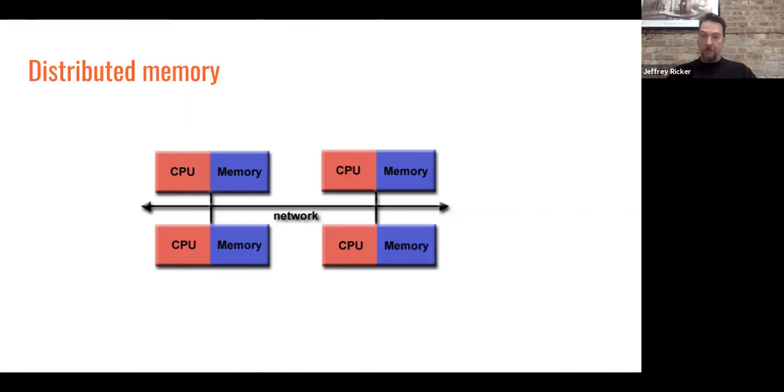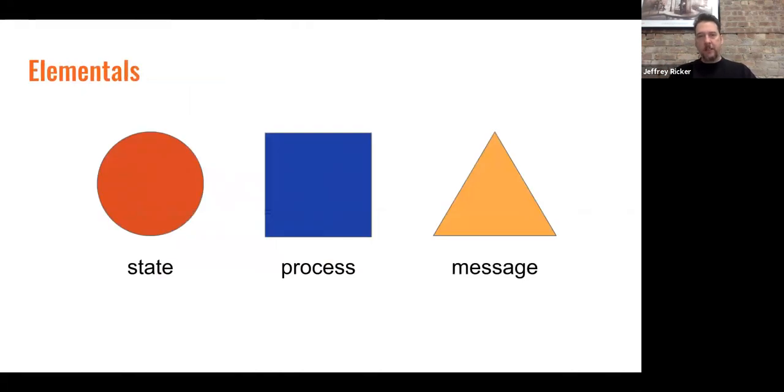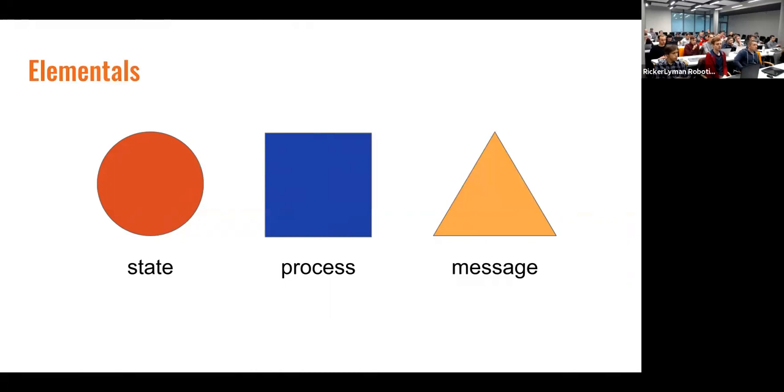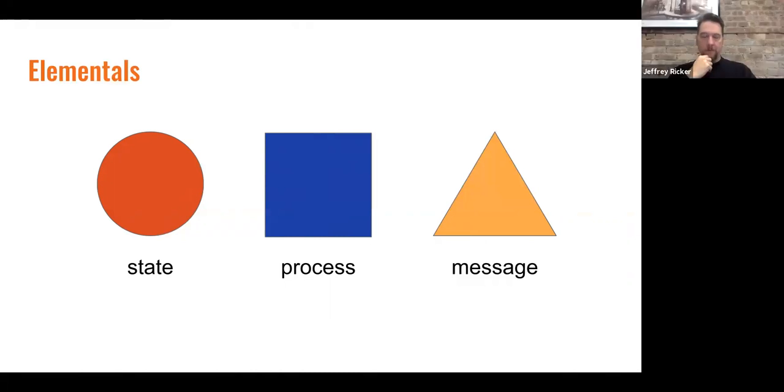A distributed memory model where memory is behind each CPU, which means that you're dealing with three elementals: state, process, and message. And we'll only touch on this concept of elementals here, but when we get into the streaming and the Kafka, this will be more relevant.